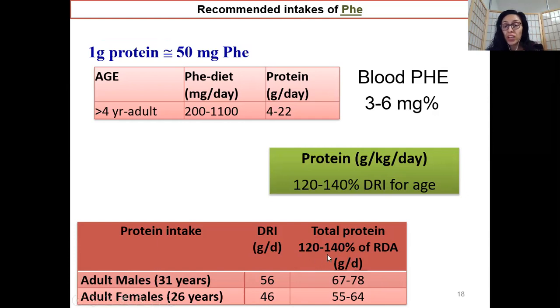So what is 120 to 140% more of 56? It is 67 to 78 grams of protein they need per day. Now imagine they can only tolerate a maximum of 22 grams of protein in a day, and a minimum of around 4. Okay, so what they can eat from the diet, dietary protein, is only 4 to 22 grams of protein.